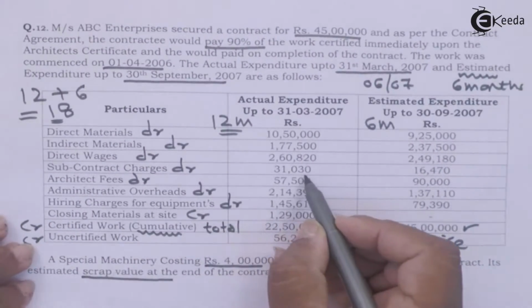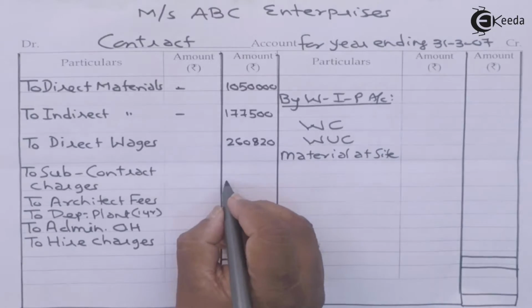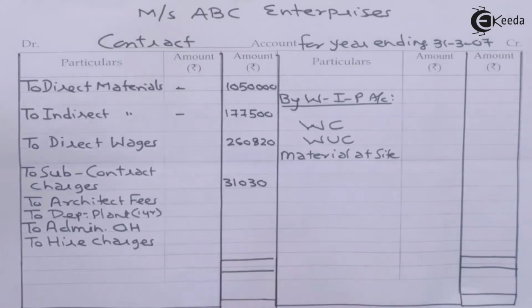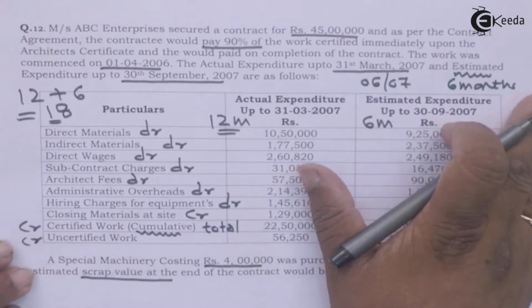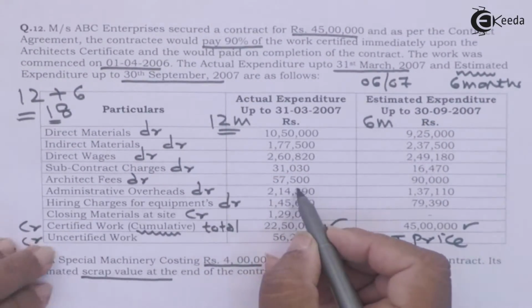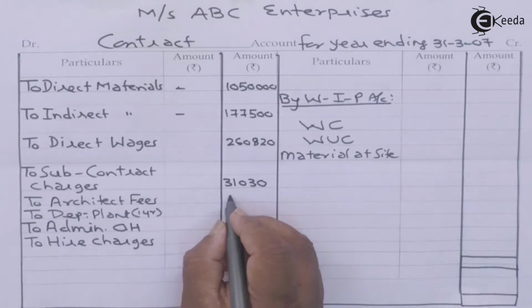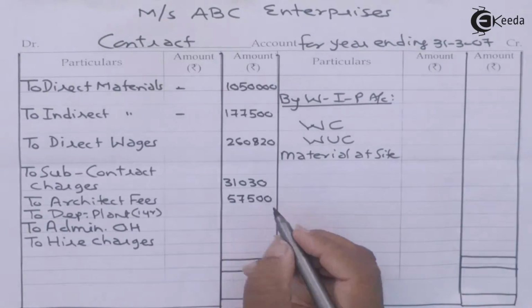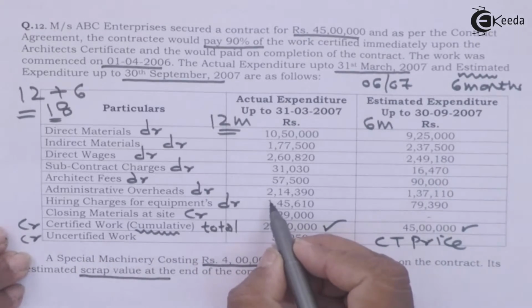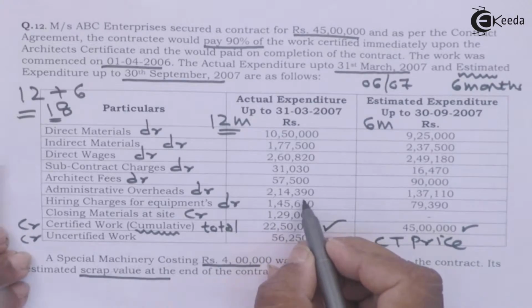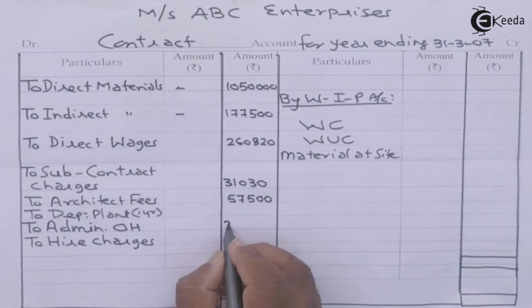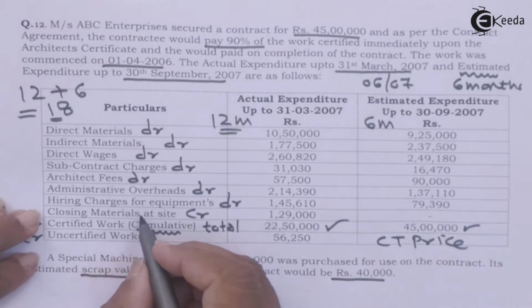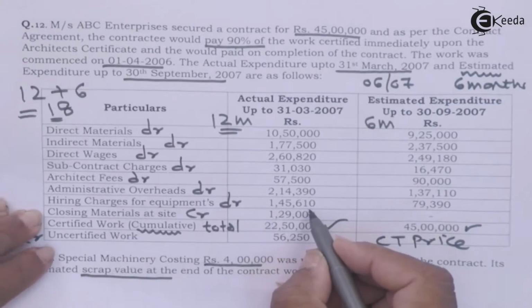Subcontract charges 31,030. Architect fees 57,500. Administration overheads 2,14,390. Hiring charges of equipment 1,45,610.